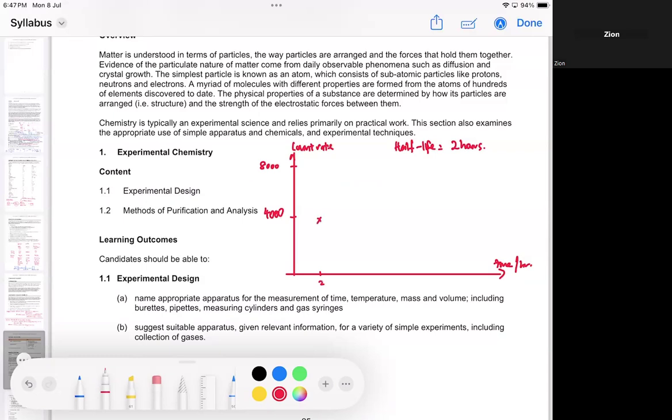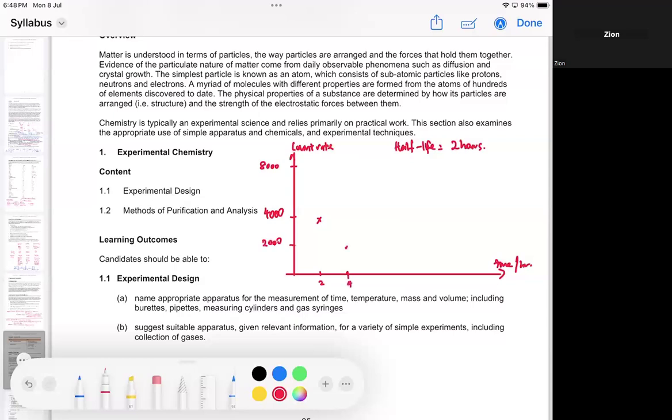And then when the next 2 hours have gone by, the existing nucleus will again drop by half. It's not that 8,000 drops to 4,000 and 4,000 drops to zero. No. The more you have, the faster you drop, so the less you have, the less you drop. But it's always half of the existing amount. So from 4,000, after another 2 hours, you will have dropped to 2,000.